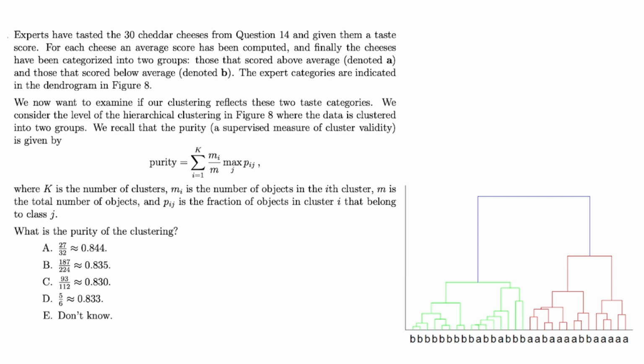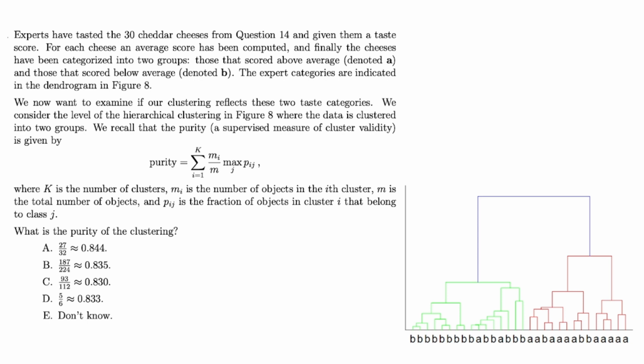And you also have to take a look at the collective cluster in general, like how many of these are actually correctly classified. And that's how you basically calculate the purity. And one more thing, keep in mind here it mentions k is the number of clusters, but in hierarchical clustering this is variable, right?